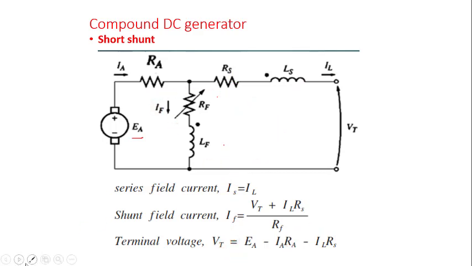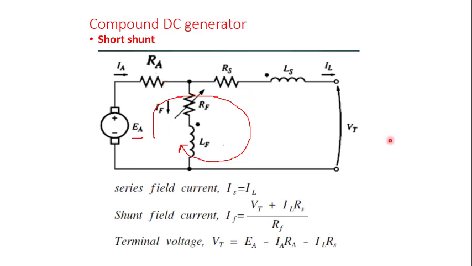So we can come out with this formula. Now, taking this big loop, according to the Kirchhoff voltage law, we get EA minus IA RA minus IL RS should be equal to VT.